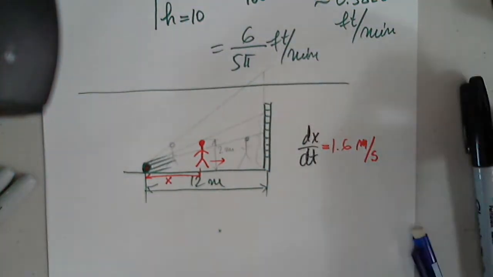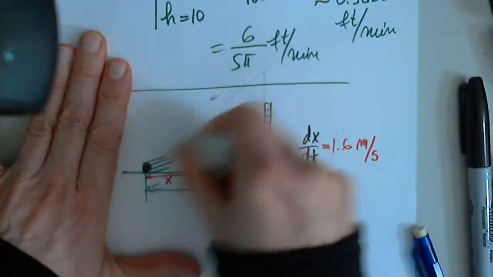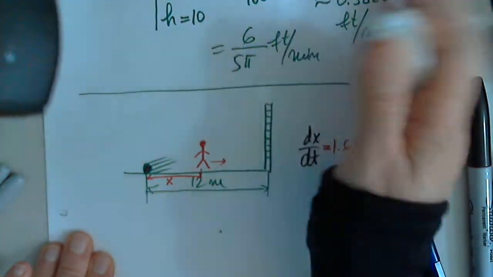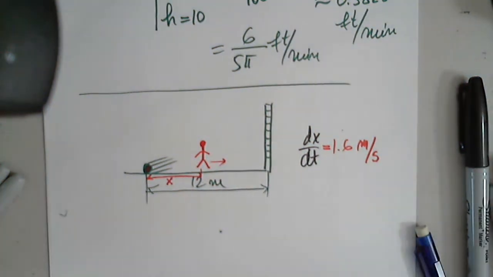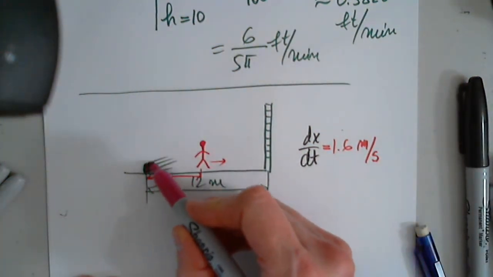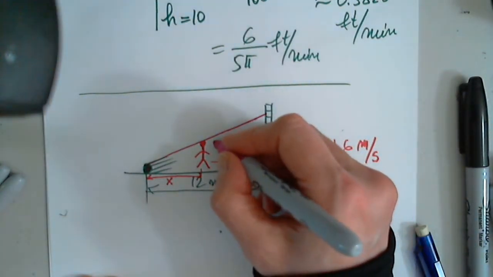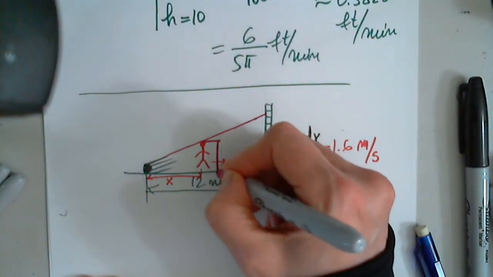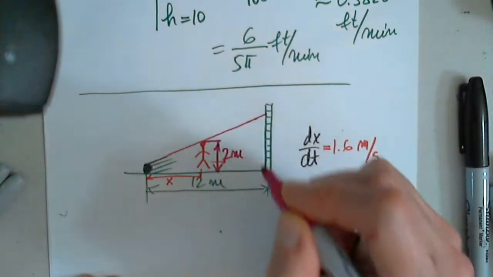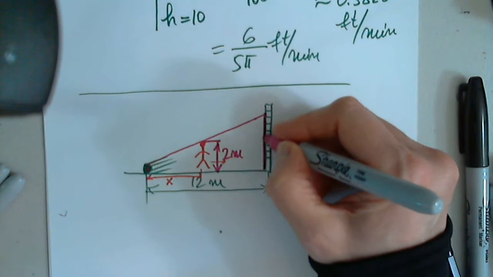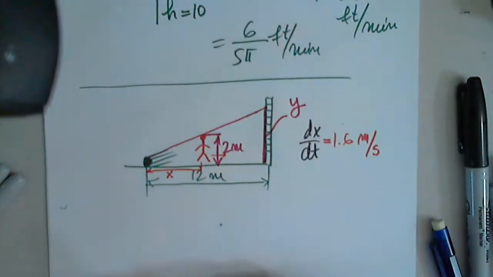So now I'm going to erase everything else because I only need one. I don't need all this. So at that particular instant, and he is 2 meters tall, I'm going to denote this by y.